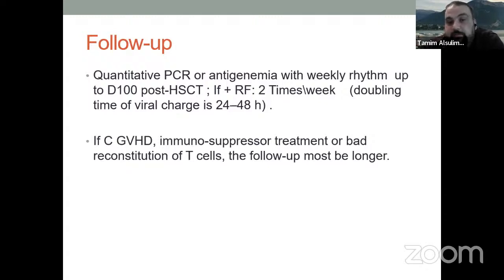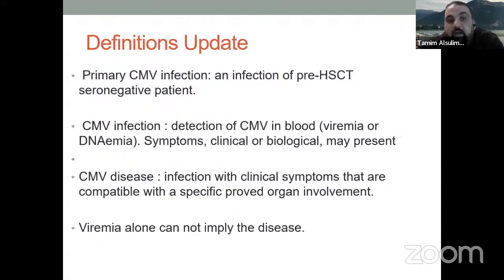We must keep that in mind. If we have chronic GVHD and immunosuppressors are still used, or poor T-cell reconstitution, the follow-up must be longer. We have talked about the definitions, which I will not repeat, but I have to highlight that viremia alone does not imply disease.